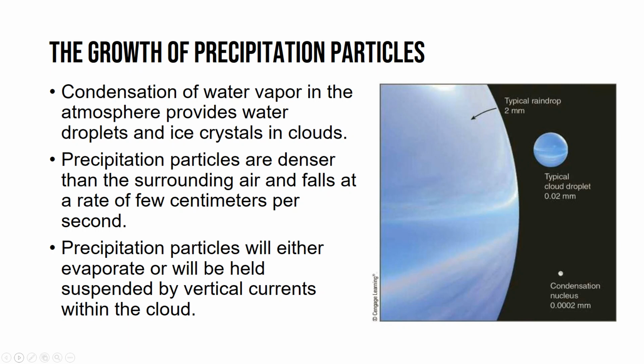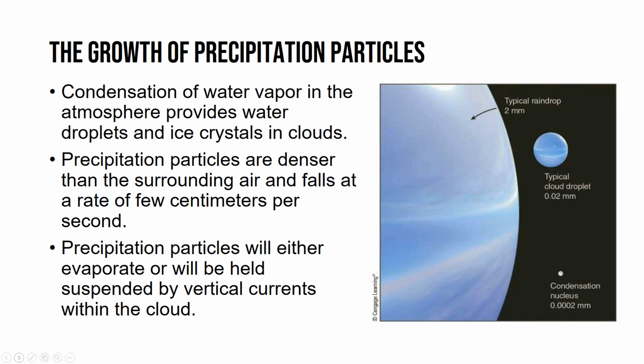So these particles alone are not enough to produce the precipitation that we see at the surface, like rain or snow. They'll only reach the ground if they become large enough to withstand evaporative processes and overcome upward air motion.